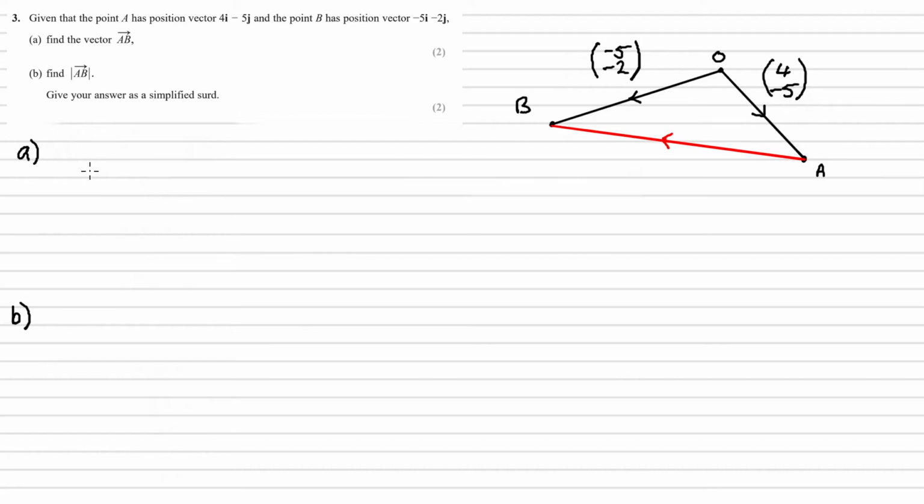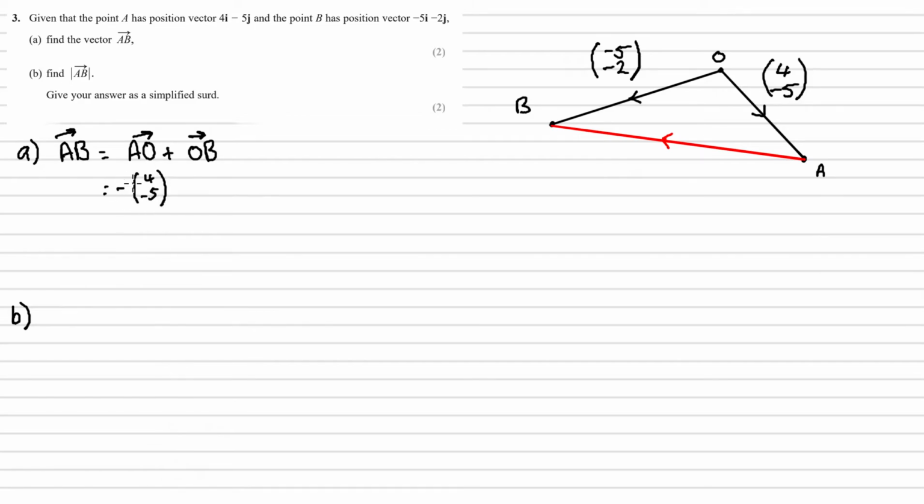Okay, so I'm just going to write here A to B equals A to O, which, bearing in mind, is the opposite direction of O to A, just keep that in mind, and then we need to plus O to B. So A to O, just like I said before, is the opposite direction to O to A, so we need to give this a negative sign here, minus 4i minus 5j.